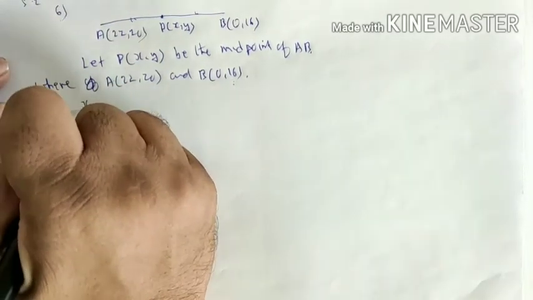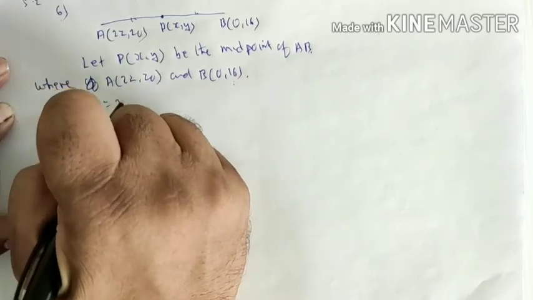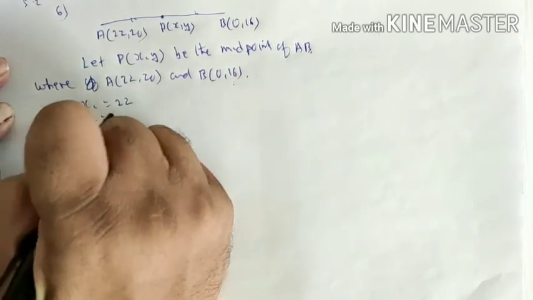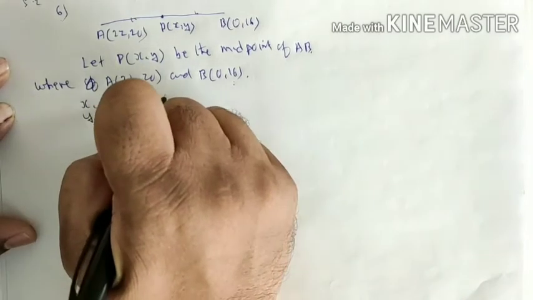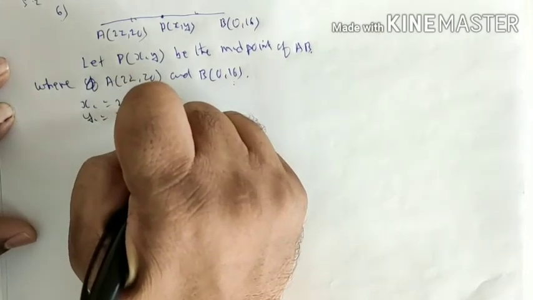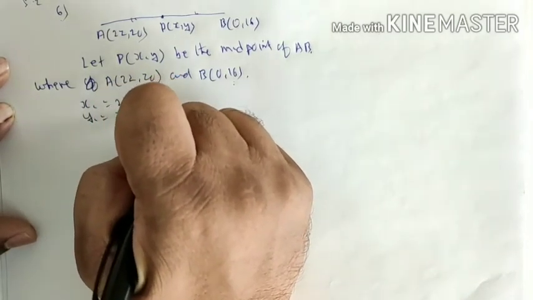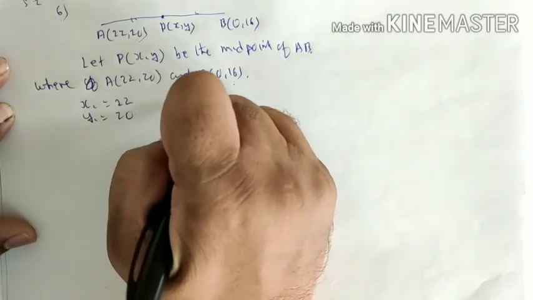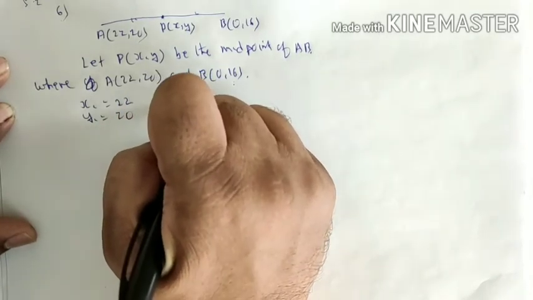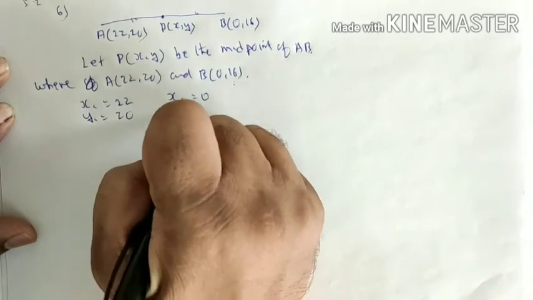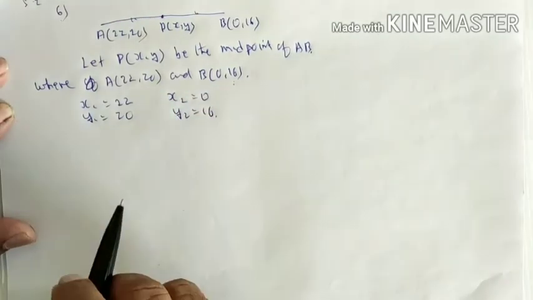Now see here, what is x1? x1 is 22, y1 is 20. What is x2? x2 is 0 and y2 is 16.